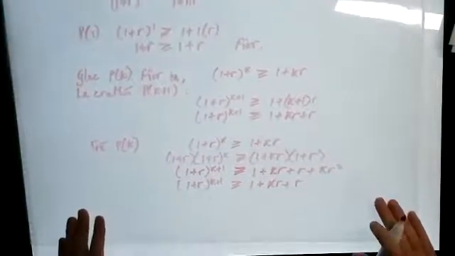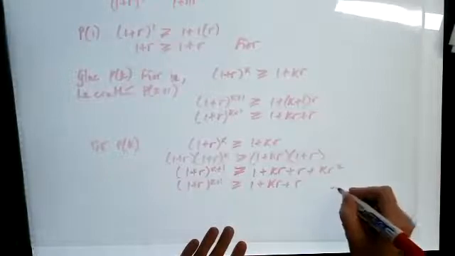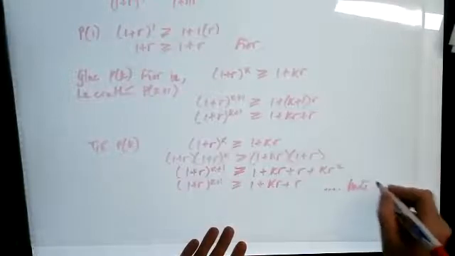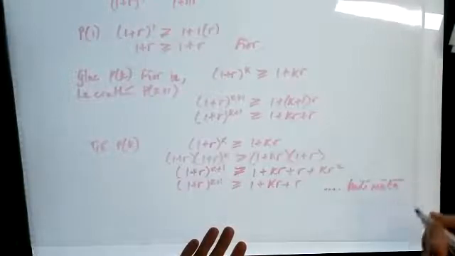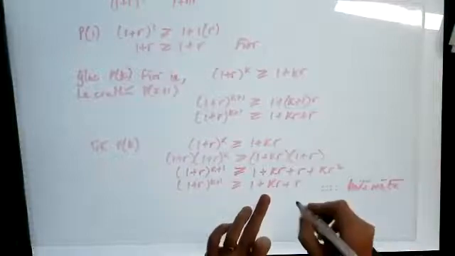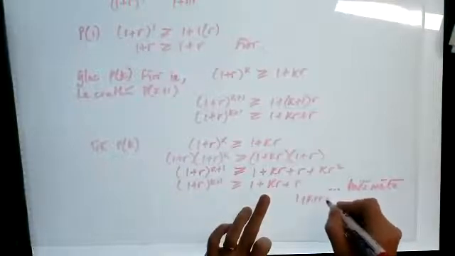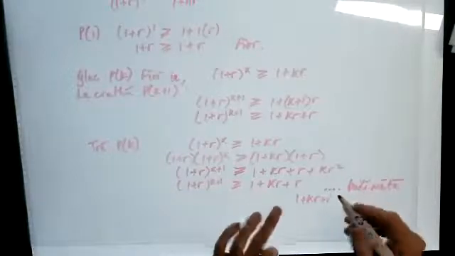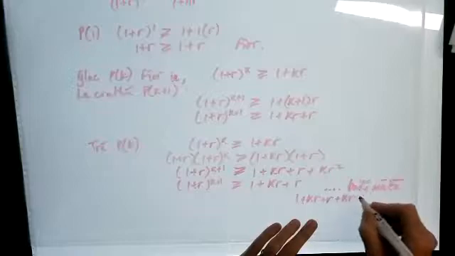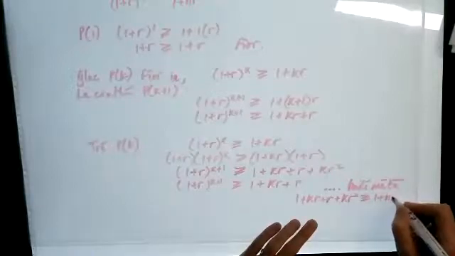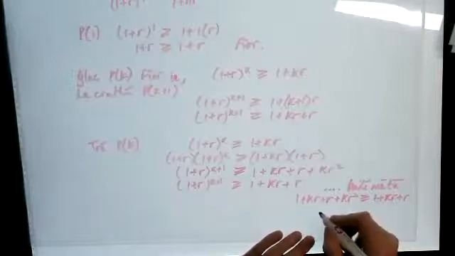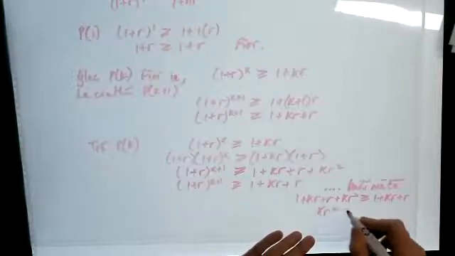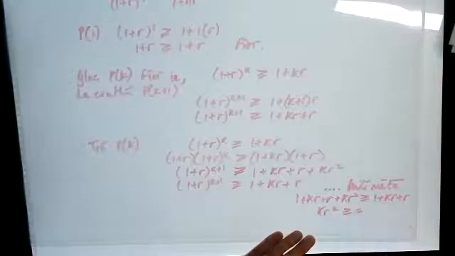Okay. So we're measuring 1 plus kr plus 1 plus kr plus r plus kr squared is greater than or equal to 1 plus kr plus r. So the remaining term is kr squared, which is greater than or equal to 0.